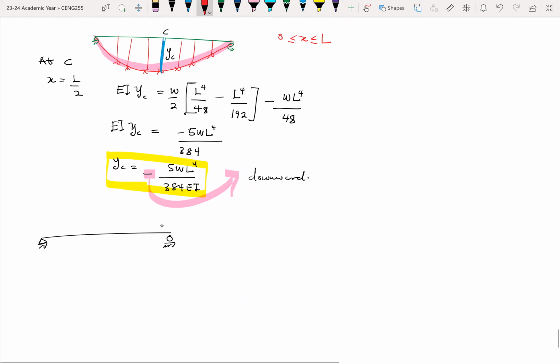So let's see. Just to make meaning out of all that we've been doing, let's say we have a beam with a 4 kilonewtons per meter load. The length of the beam is 10 meters.